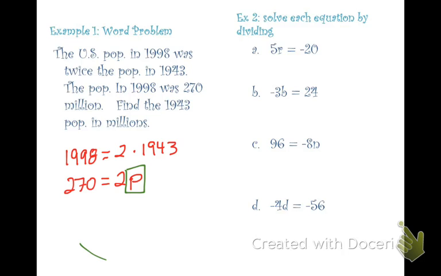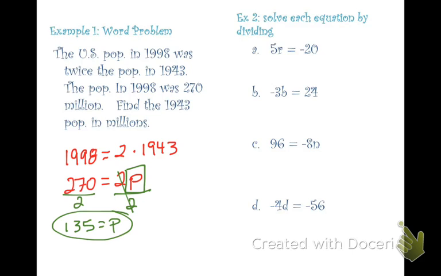It's multiplying, so we are going to divide. Please put it underneath and make it a fraction. It's easier that way. If I divide on one side, I have to divide on the other. So 270 divided by 2, that's 1, then 3, and then 5. 135 million people in 1943.